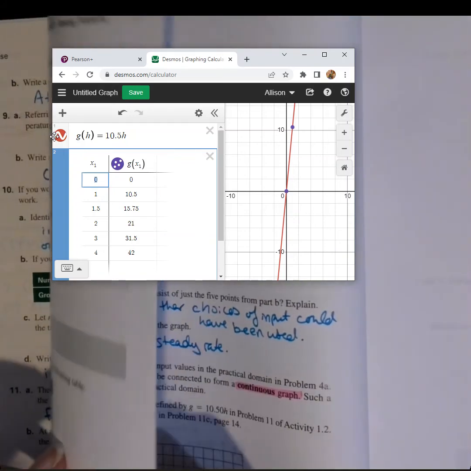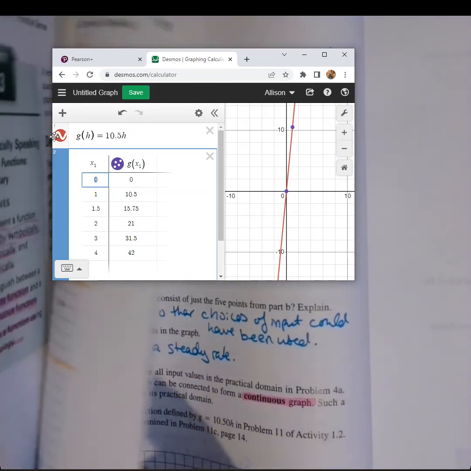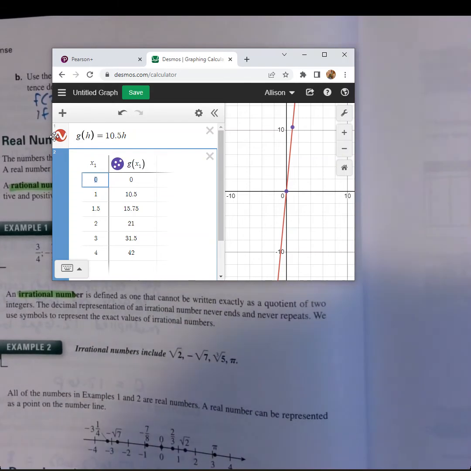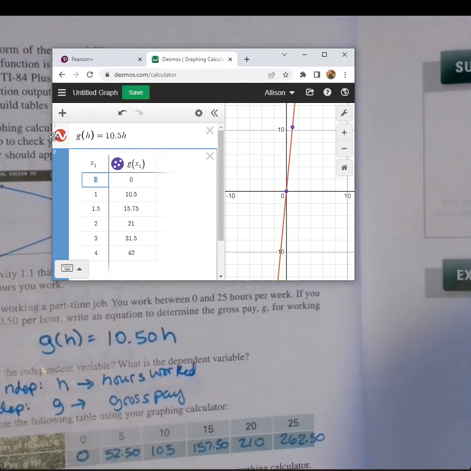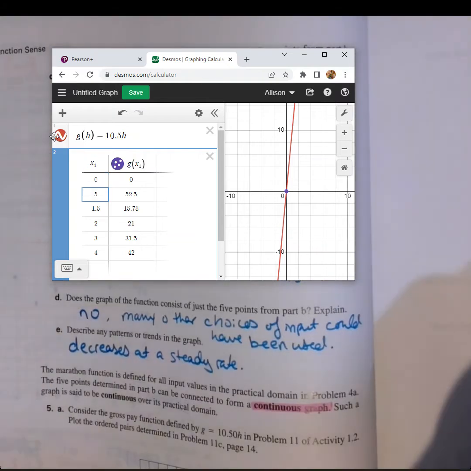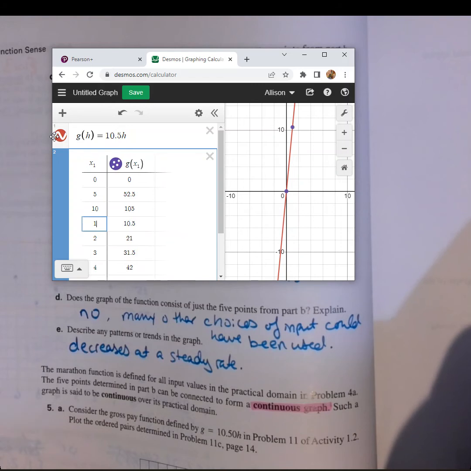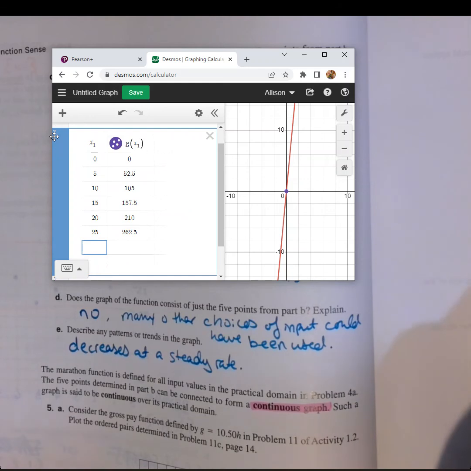Page 14. All right. Page 13. Okay, so they were up by fives. So we went 0, 5, 10, 15, 20, 25, and 30.